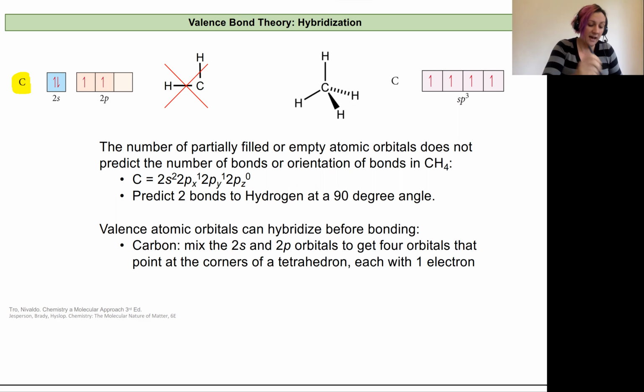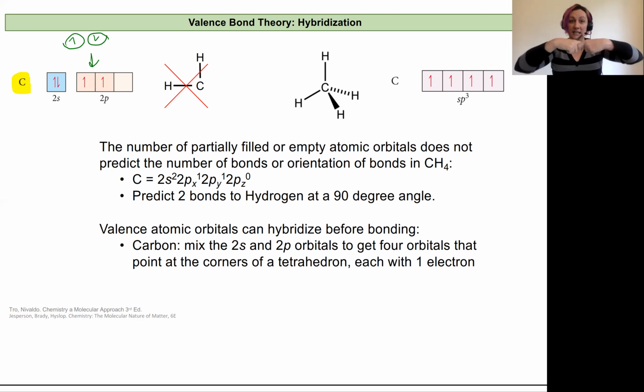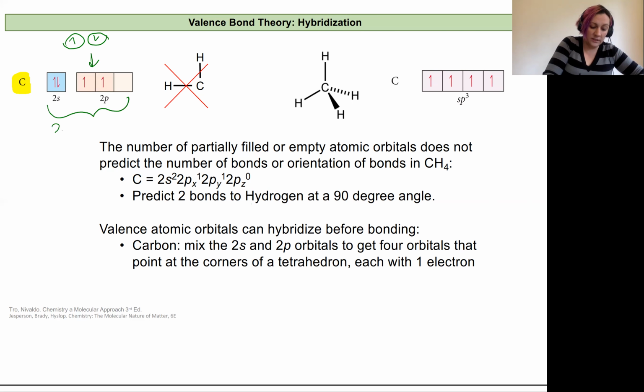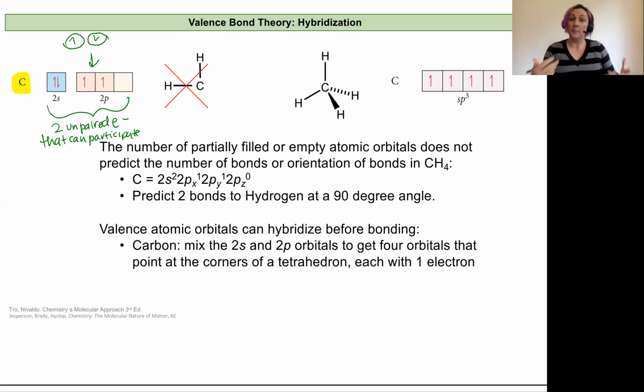So what we really have here are 2 unpaired electrons. And we've said that a bond is created when we have overlapping orbitals that have 1 electron each that then pair up. So looking at this picture, we really have only 2 unpaired electrons that can participate in a bond. And they're p ones, right?